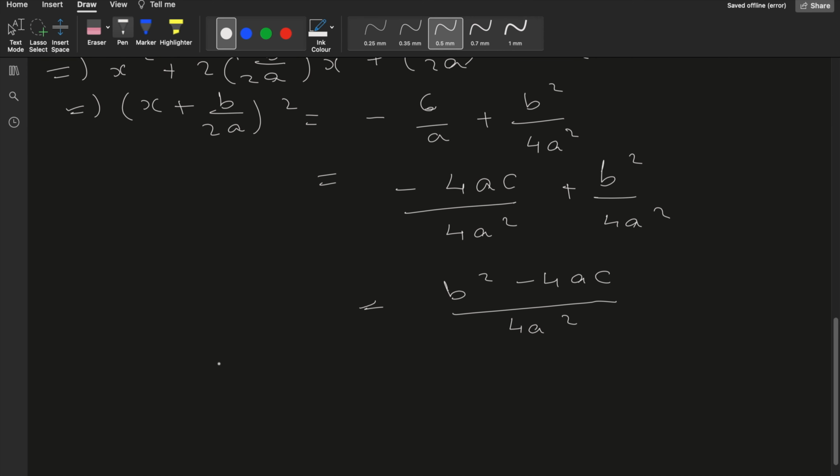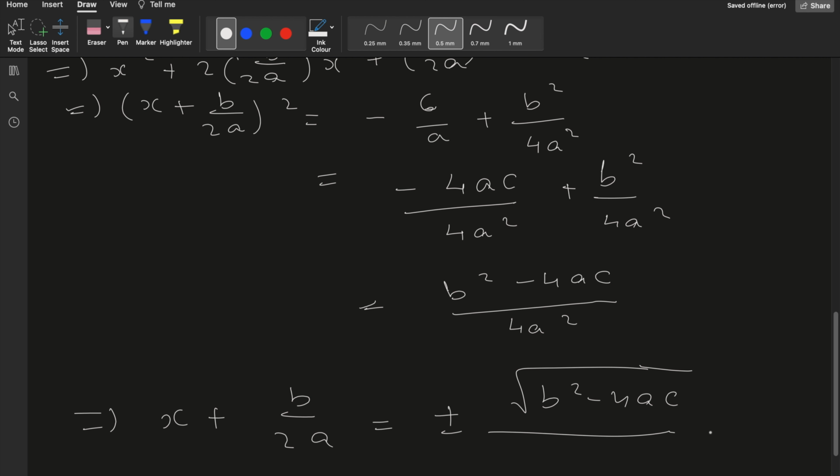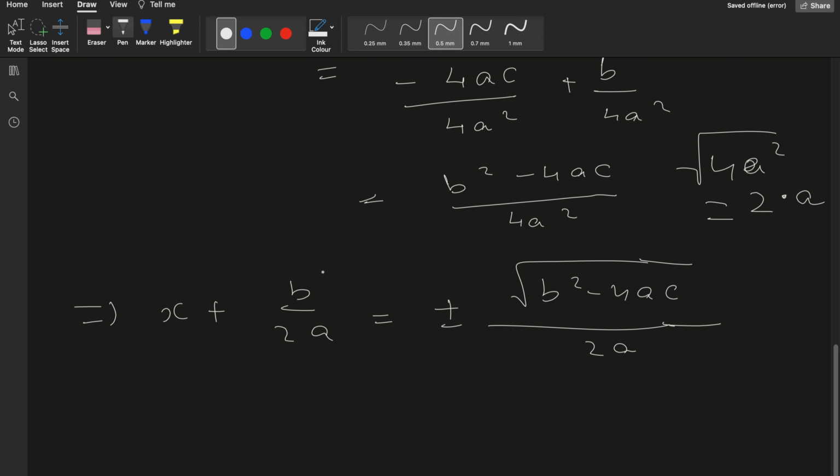Okay, so now let's take the square root of this. X plus b divided by 2a equals plus or minus square root of b squared minus 4ac divided by square root of 4a squared, which we can write as 2 into a. So we'll just write 2a, and now we'll have to subtract this term from both sides.